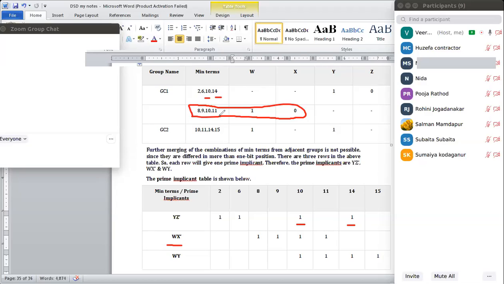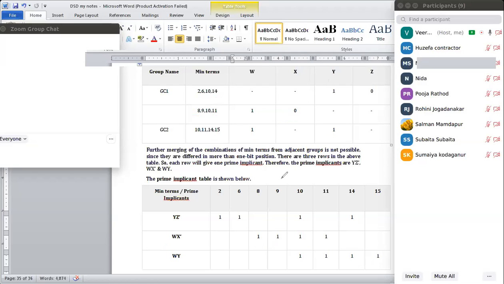Now, which minterms is it covering? 8, 9, 10, 11. And then the third row is W and Y. WY is covered by 10, 11, 14, 15.